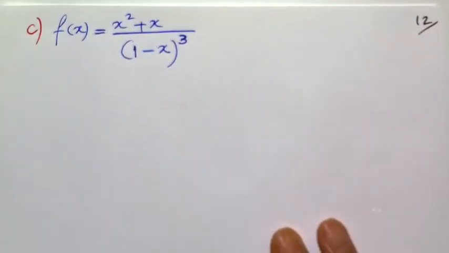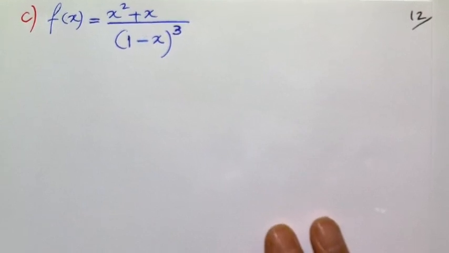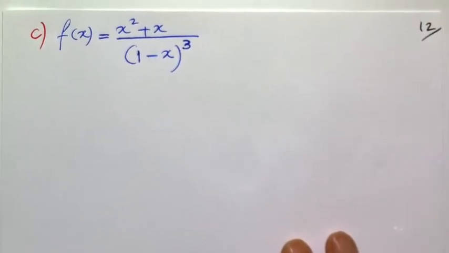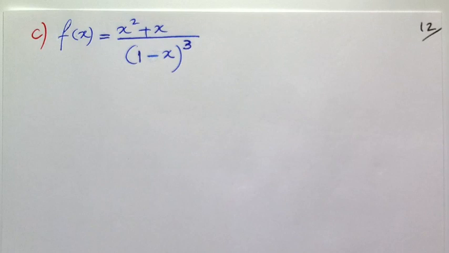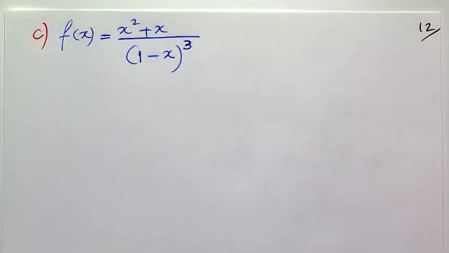Okay, so let's do another example. This looks more straightforward than the previous one, right? If you look at the denominator, it's already in the form 1 minus x. So what I would start with here would be 1 over 1 minus x.